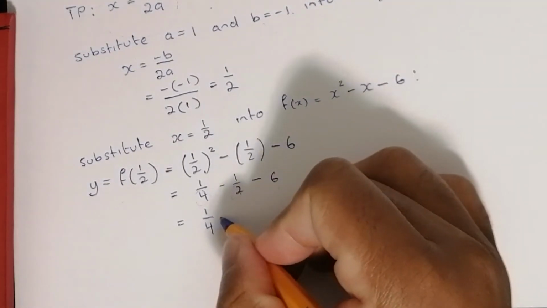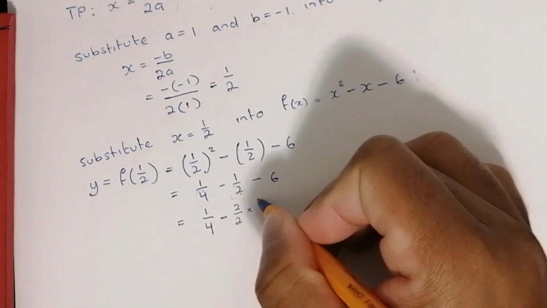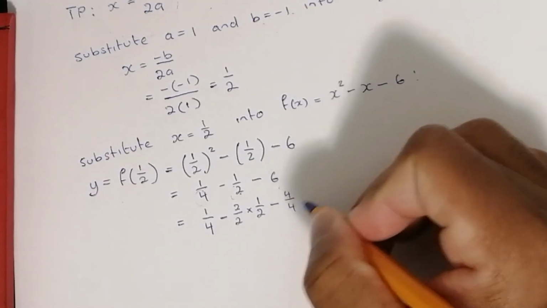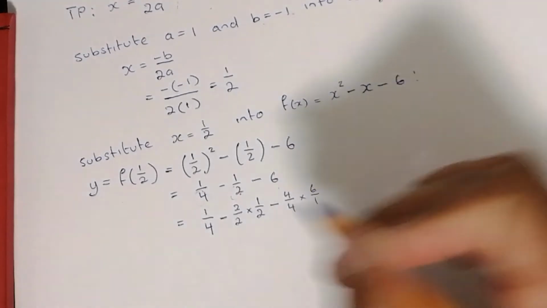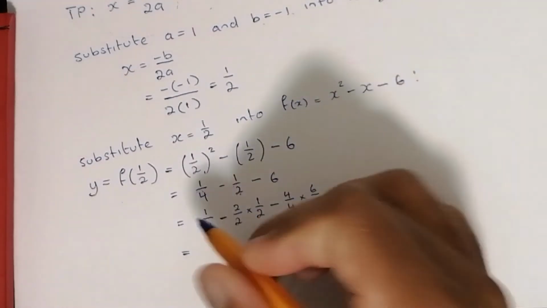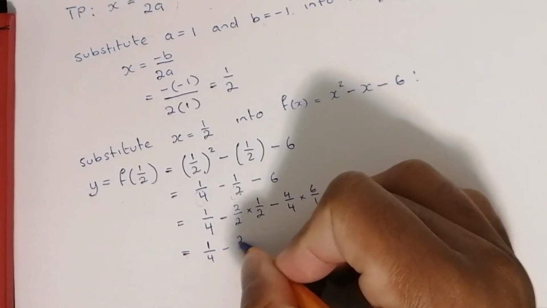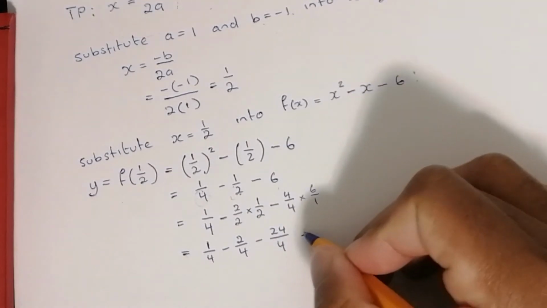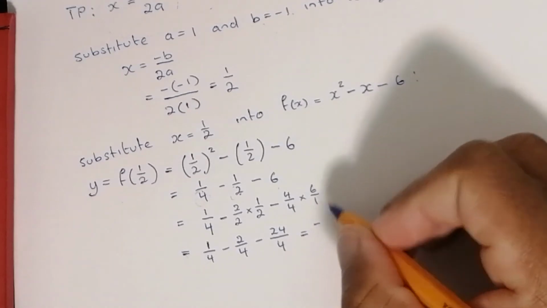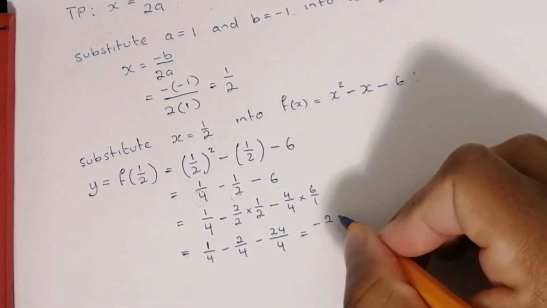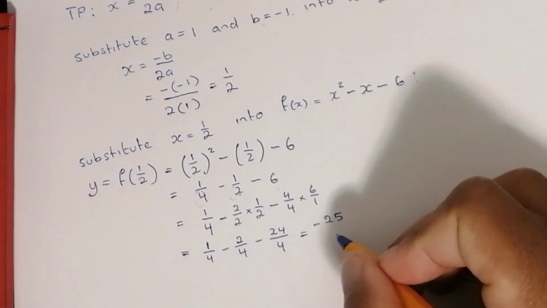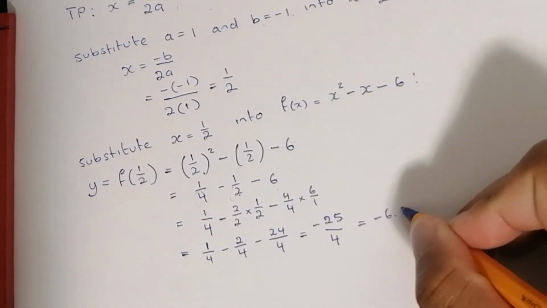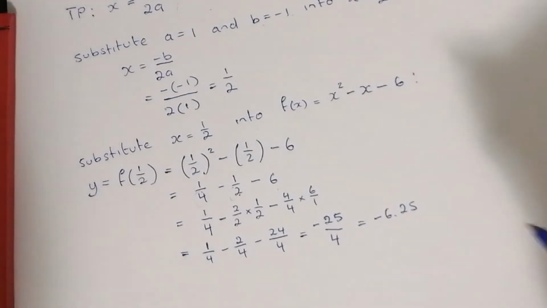So we have 2 over 2 times 1 times 1 over 2, minus 4 over 4 times 6 over 1, equals 1 over 4 minus 2 over 4 minus 24 over 4, which equals negative 25 over 4, or just negative 6.25 if you punch this into your calculator.